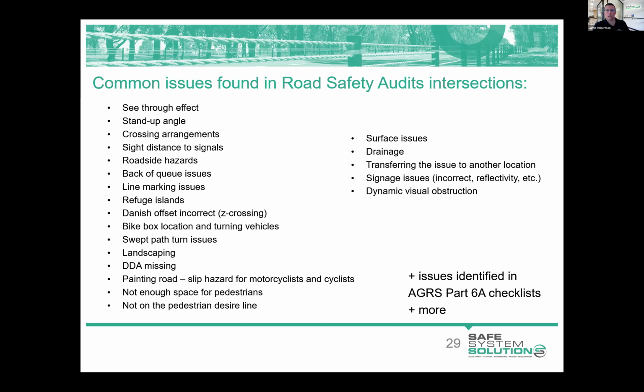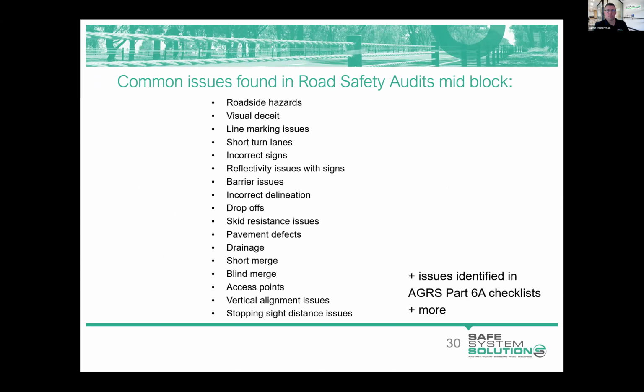At mid-block locations, we're more thinking about road cross-section, ensuring that batters are appropriate, thinking about roadside hazards and protection of those, providing separated space for cyclists and pedestrians if they're present, and so on. It's really those run-off road crashes that come to the fore at mid-block sections, as opposed to intersection and pedestrian type crashes that we see at intersections.